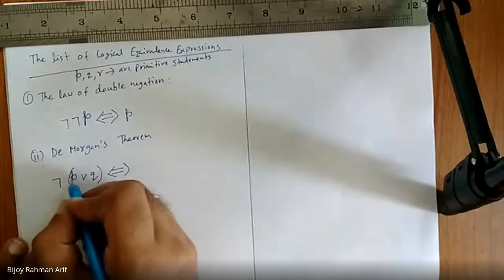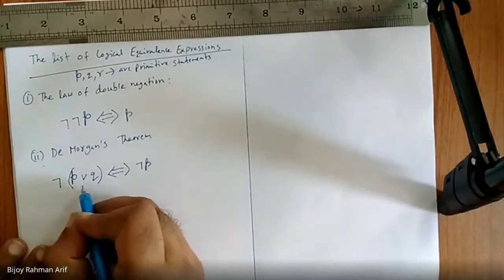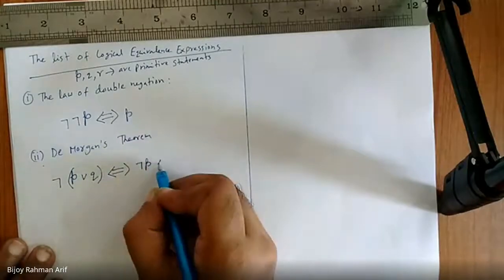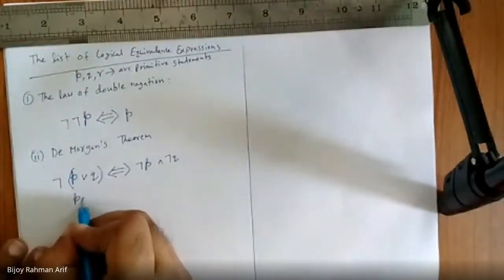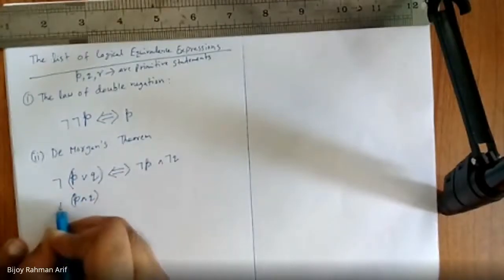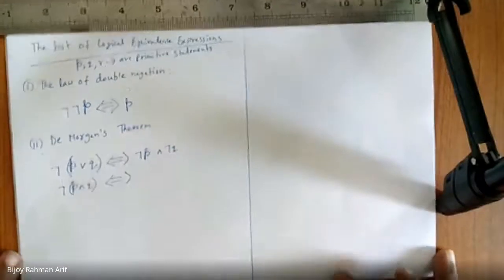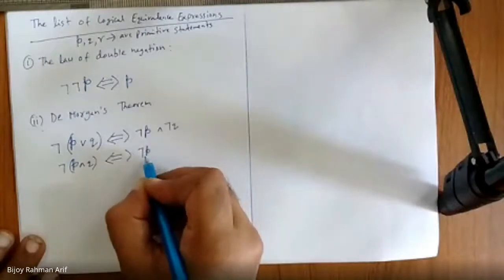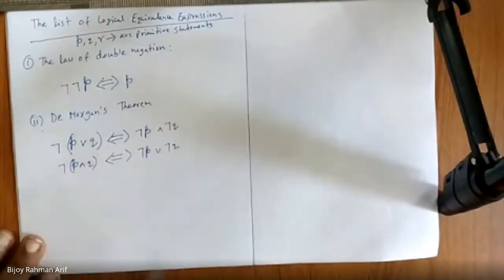So each of the primitives is going to be negated, each or is going to become and, and each and is going to become or. It has another part. What would be this? Not of P and Q. Each primitive statement is going to be negated and the and would become or.